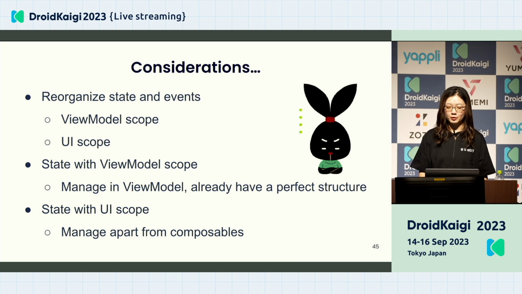I'm considering reorganization of state and events into two scopes, the view model scope and the UI scope. The view model scope will already have a well-defined structure, and the UI scope is where we can handle them outside composables. This division not only follows the principle of separation of concerns, but also has the potential to enhance performance.